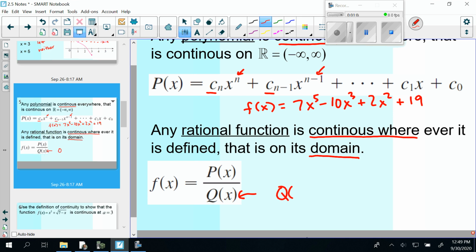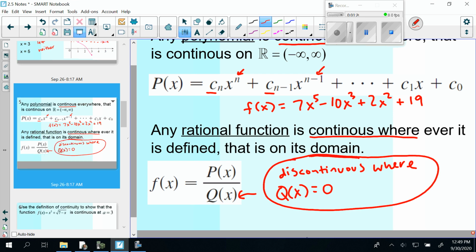So wherever q of x equals 0, those places it would not be continuous. So it's discontinuous where q of x would equal 0. All the other places, this is a polynomial, this is a polynomial, so it's continuous all those other places except where that bottom may equal 0.